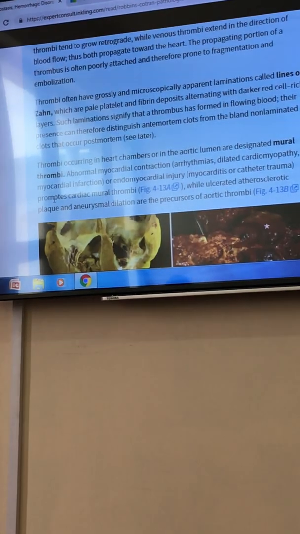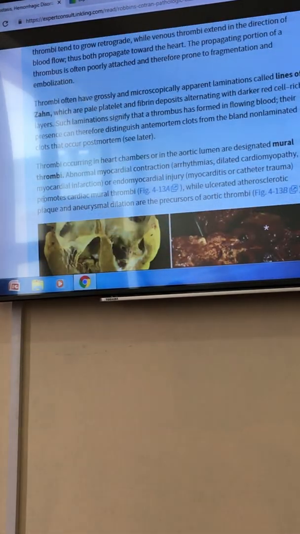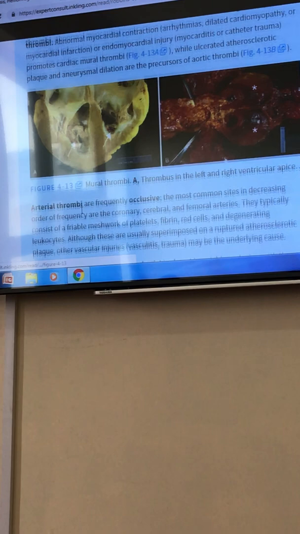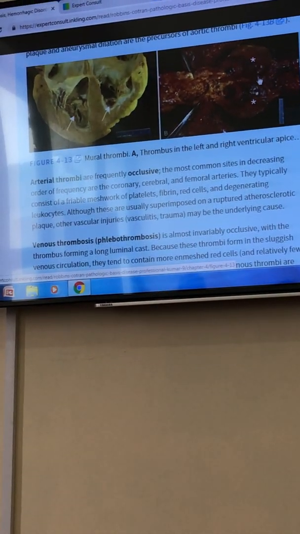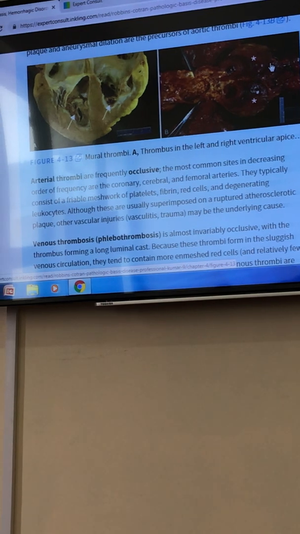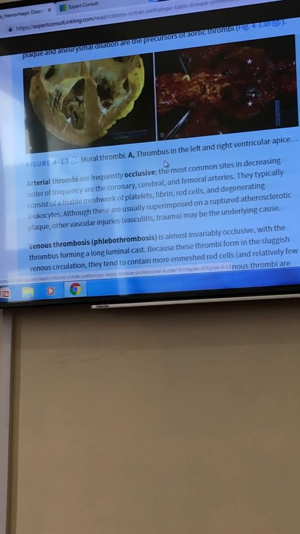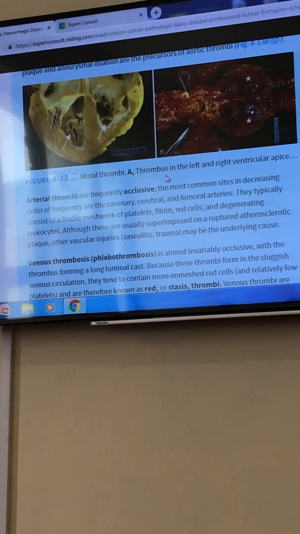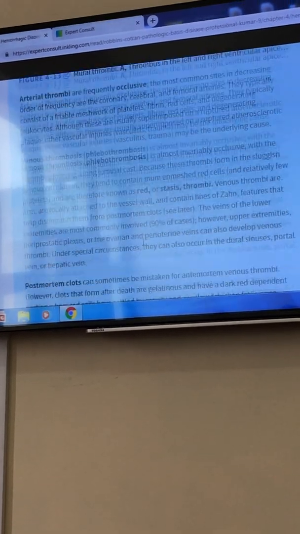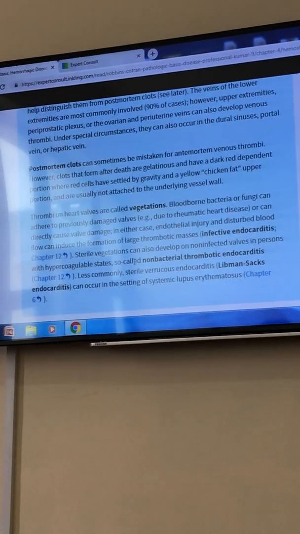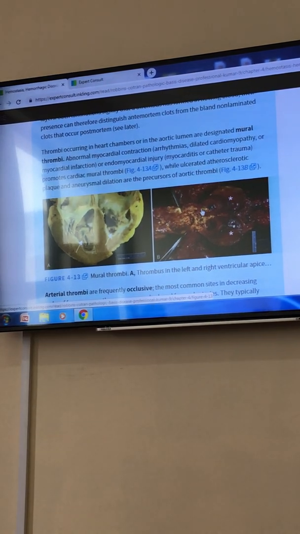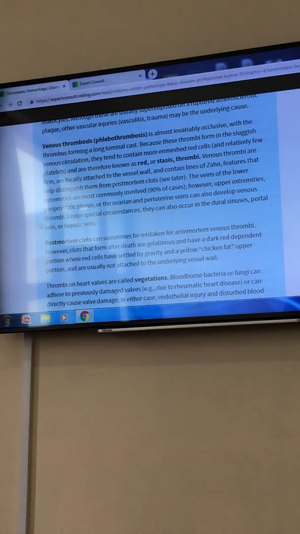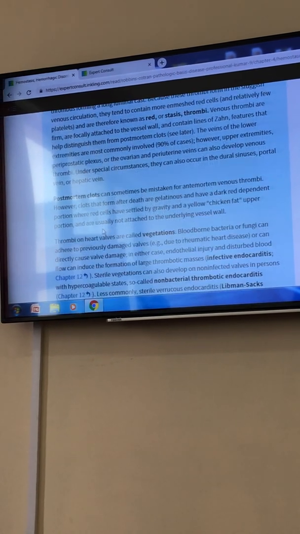And mural thrombi have the lines of Zahn, and this thrombosis is attached to the vessel wall. But after death there are also some clots in the body called post-mortem clots.